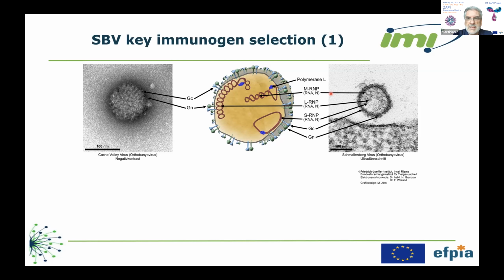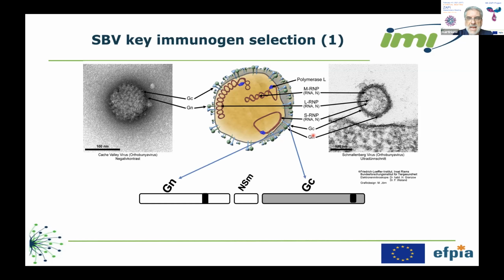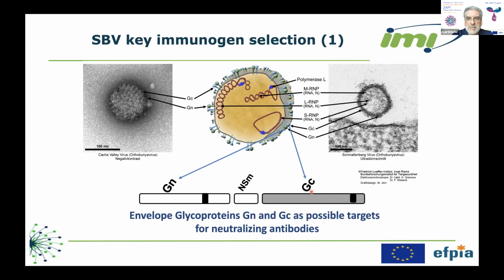And there it was clear the envelope proteins, Gc and Gn, are the first candidates, which are shown here. If we look at the M segment, which codes for these, you can see there is Gn, and in the middle is NSm, a non-structural protein, which connects Gn to Gc. From other viruses, it was known that both might play a role, but maybe Gc is more important, so we could concentrate on this one first.